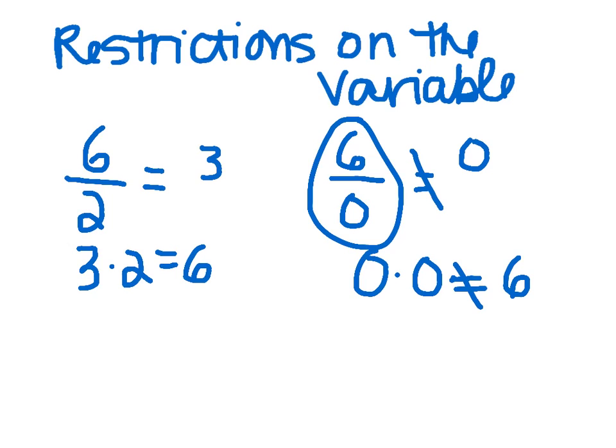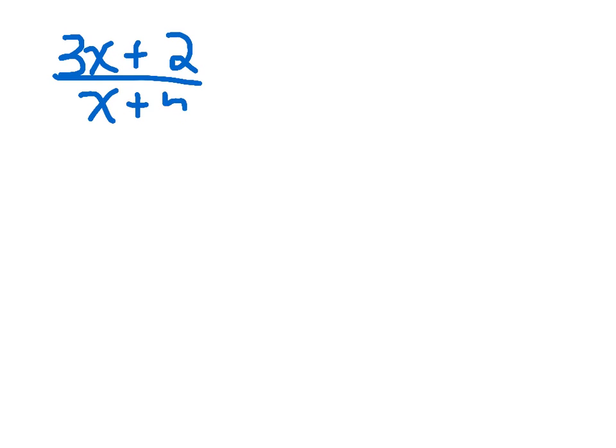The concept of restrictions on the variable in algebra is based on that fact. If I say, let's see, 3x plus 2 over x plus 5, that fraction is in simplest form. However, if x is negative 5, then that would make the denominator 0.